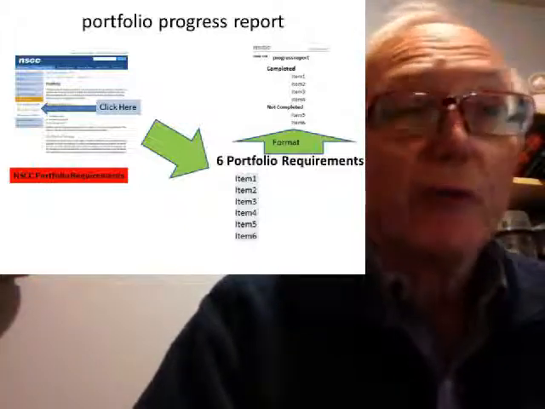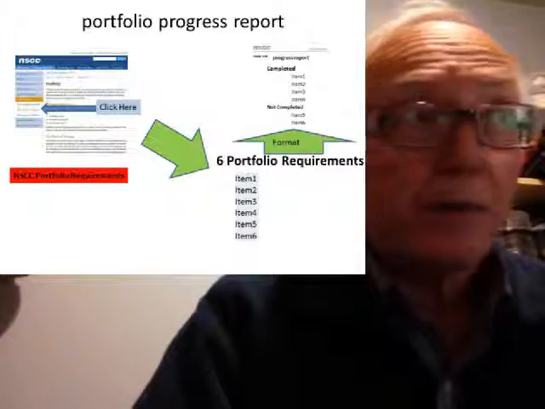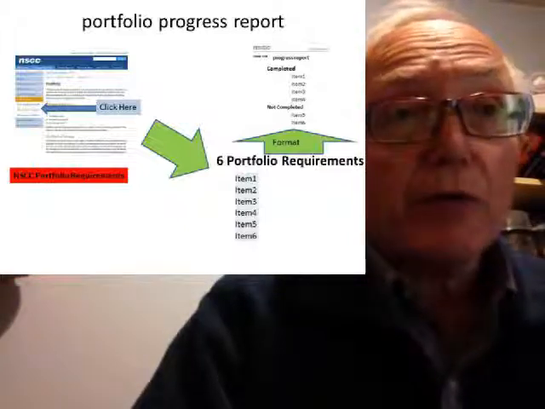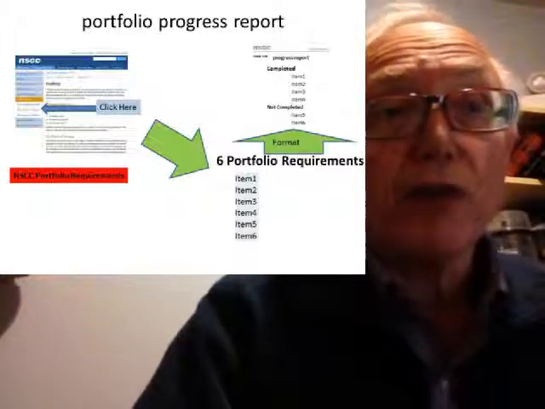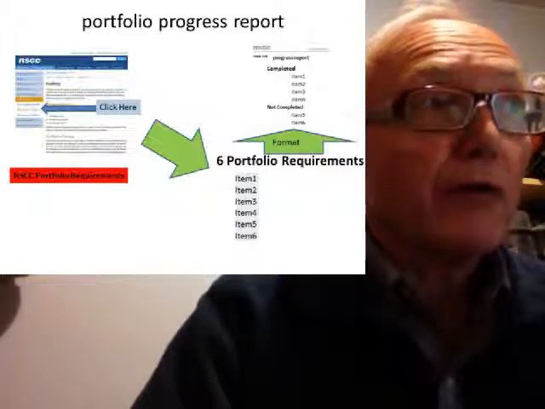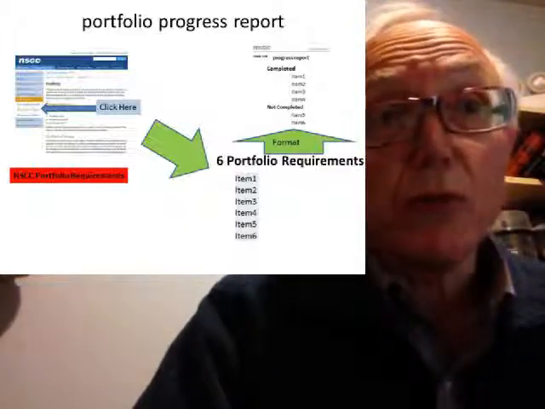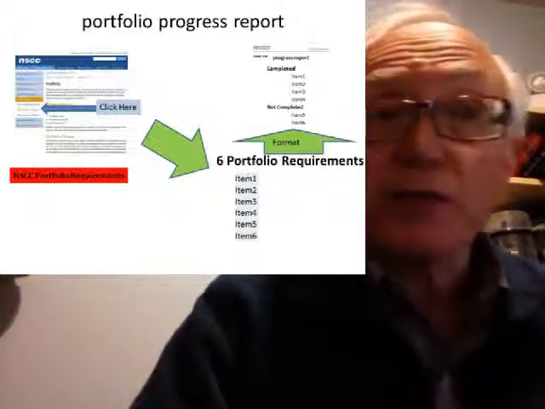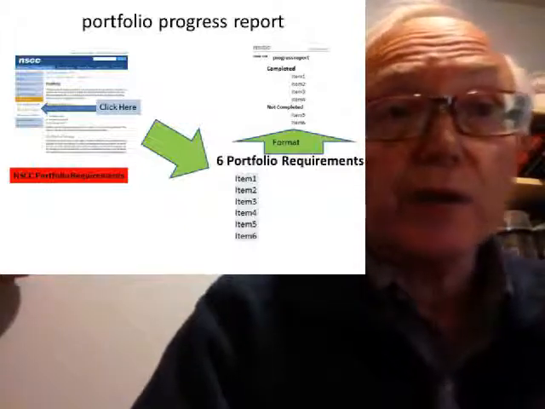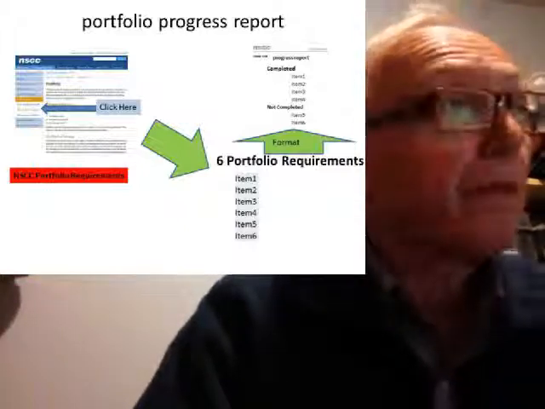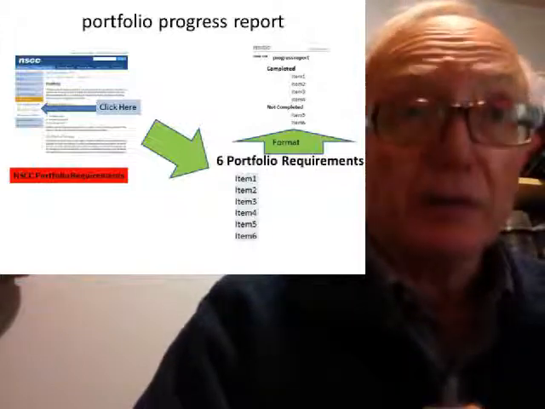We're going to use the format of the progress report. Of those 6 requirements the college has for your portfolio, look at them and you'll probably find you've completed 3 or 4. They can be listed in the report under the heading completed. The ones you haven't completed will be listed under the heading not completed.